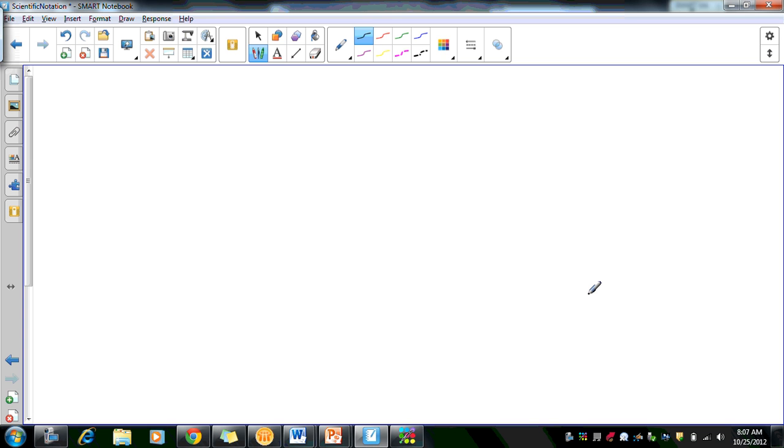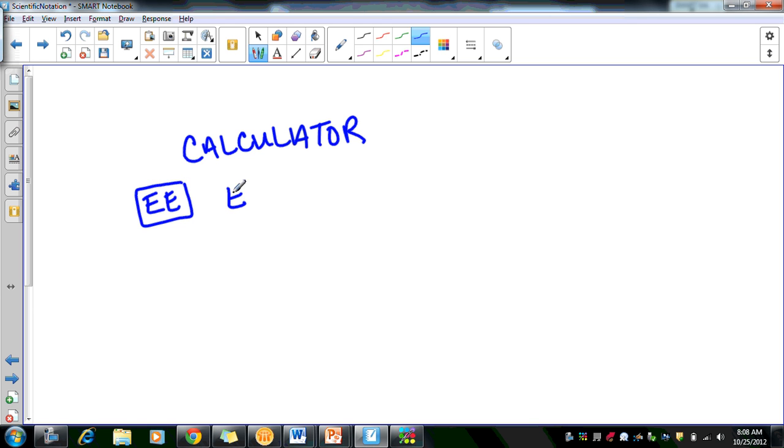Now, how does this really relate to what we're going to be doing with scientific notation in universal gravitation? Well, let's talk about how you would put it in your calculator. Most calculators will have a button that looks like this, or it'll look like EXP for exponent.